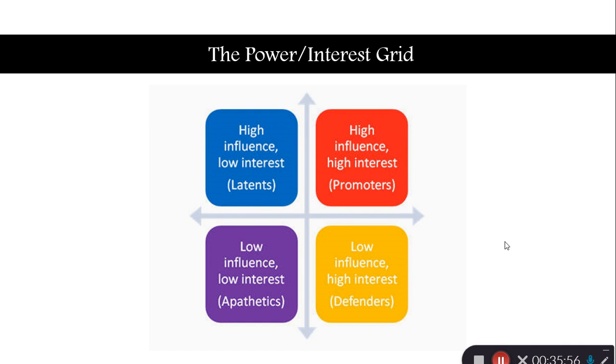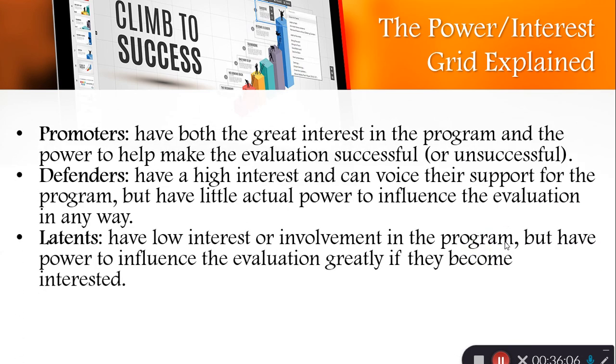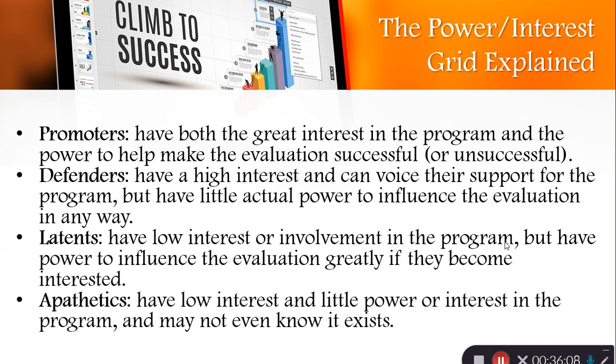And this is a tool that can be utilized to sort of brainstorm within an agency context about stakeholders. And so these are descriptions of each that you can read on your own, but it provides an understanding of all of the terms that we see in the power interest grid in terms of promoters, defenders, latents, and apathetics. So this is something that you can look at in your own time. But again, it's a very useful tool in terms of brainstorming and strategizing about stakeholders.